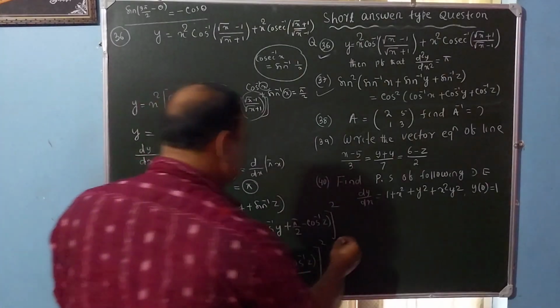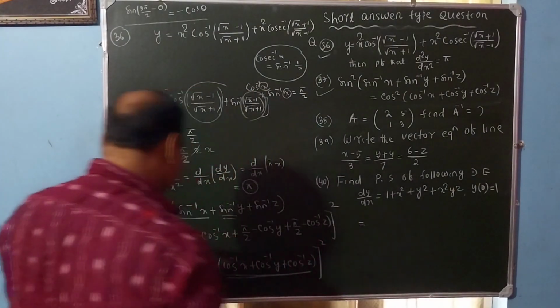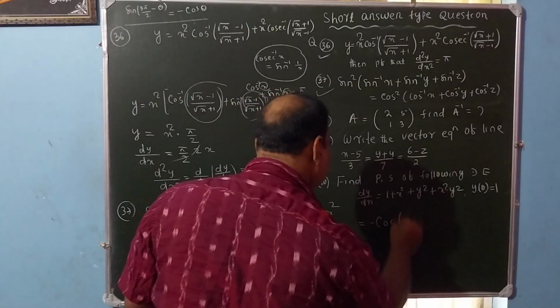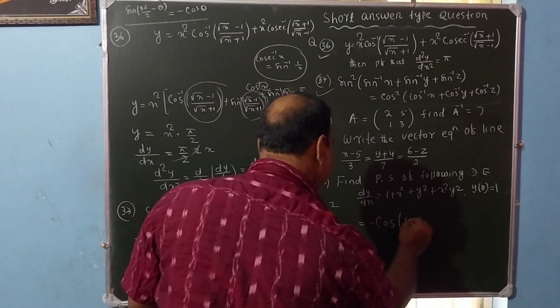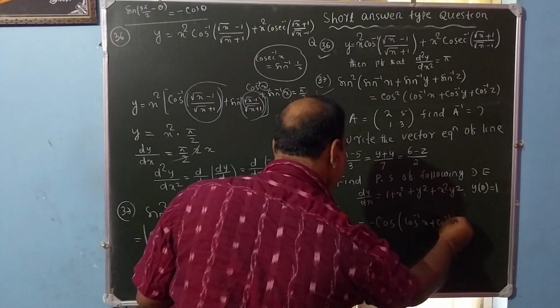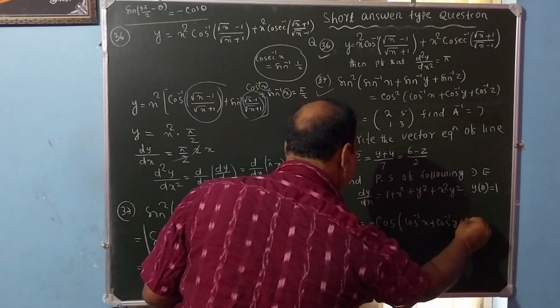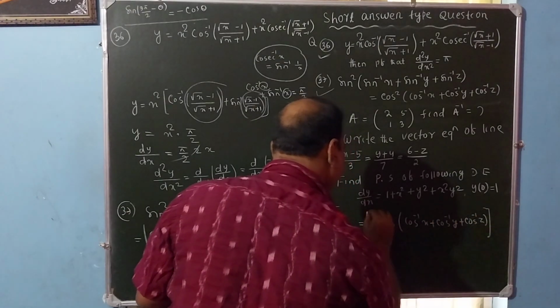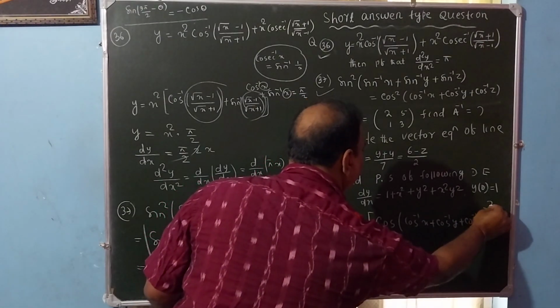So the result is minus cos theta, theta means cos inverse x plus cos inverse y plus cos inverse z, whole square.